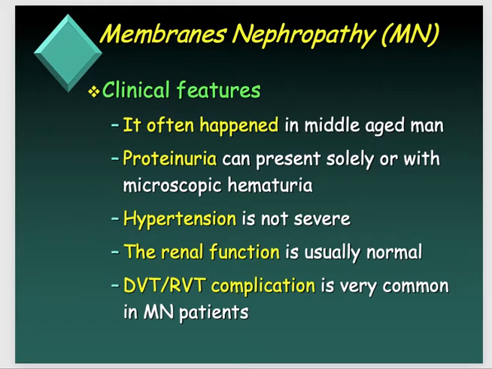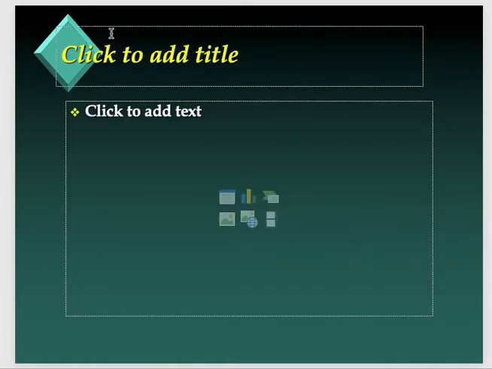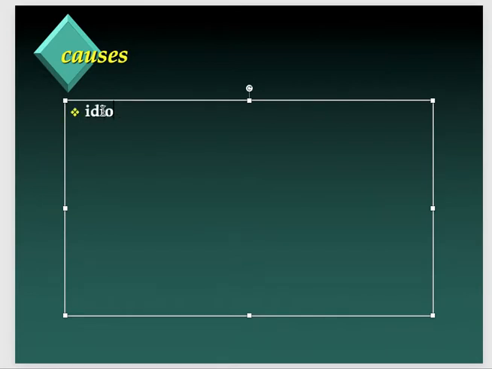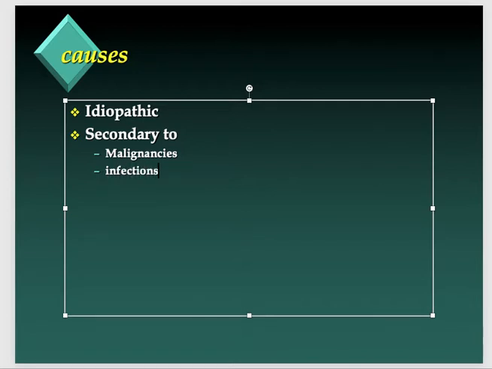So you can say causes of this thing: idiopathic, and it could be secondary to malignancies, lung carcinoma, breast carcinoma; infections, streptococcus infection, malaria, hepatitis B, hepatitis C; immunological, SLE, rheumatoid arthritis, sarcoidosis.